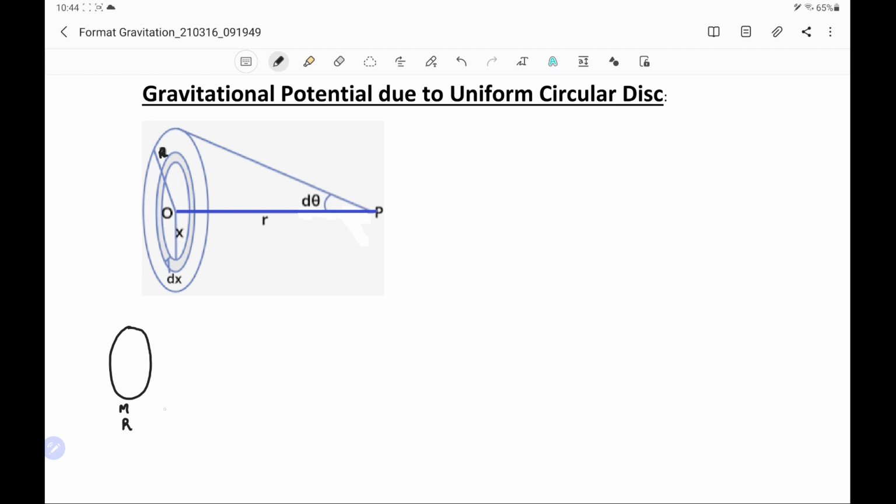And for that, potential was calculated equal to minus GM by root of R square plus small r square at the axial point P, which is at a distance small r from the center of the ring, and the radius of the ring was capital R.